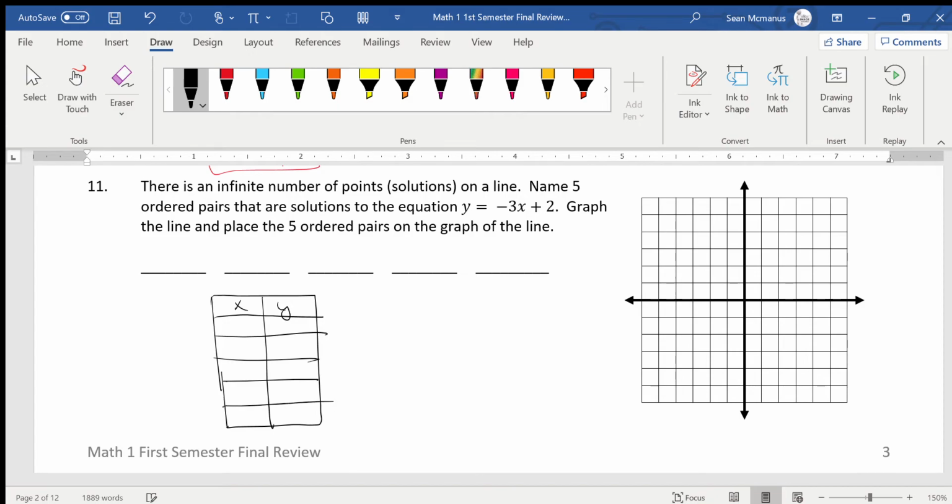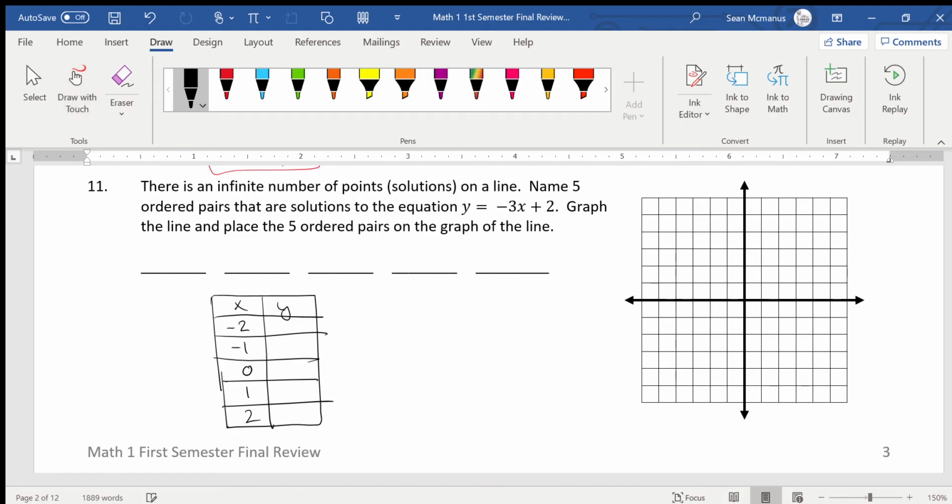All right, so it's asking me to pick some. So let's pick easy ones. 0. Well, let's pick even before 0. Let's pick negative 2, negative 1, 0, 1, and 2. I can pick any value I want, but let's see what I get.